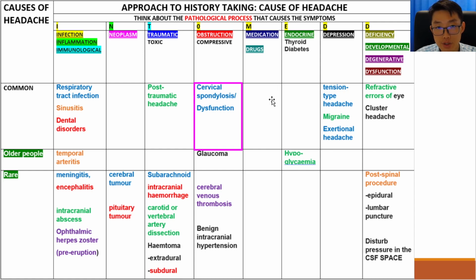Stress-related headaches such as tension type headache, migraine, or exertional headache are also very common in general practice. And finally, refractory eye problem such as short-sightedness or long-sightedness all can cause headache associated with difficulty in vision.